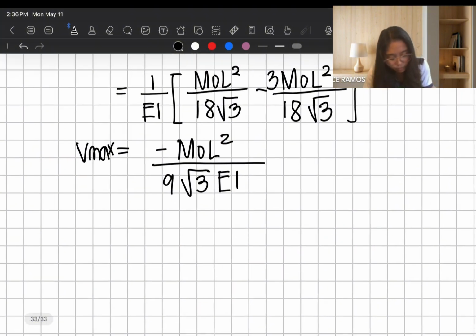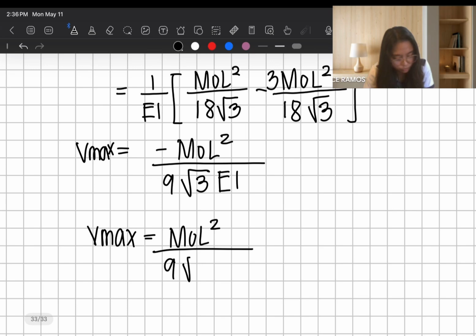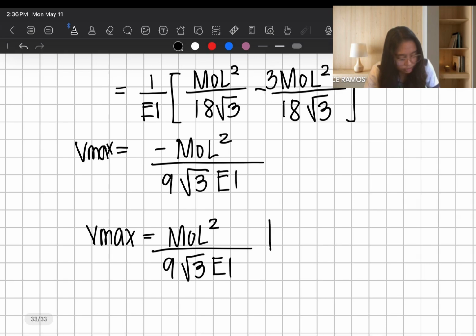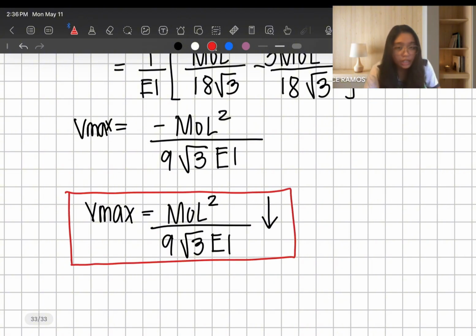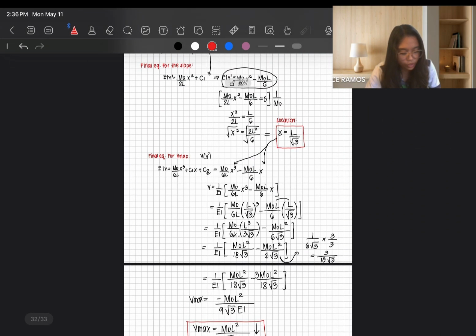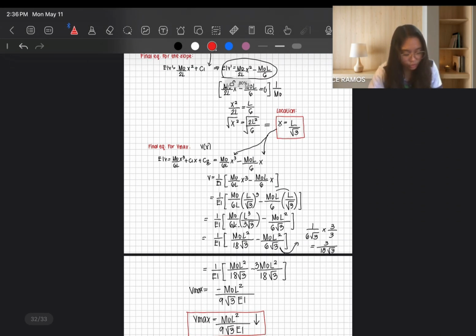So, our answer will be moment times the length squared divided by 9 square root of 3 multiplied by flexural rigidity, deflecting downwards. So, this is now our answer for the magnitude of the maximum deflection. So, I hope you learned something today and thank you for listening.